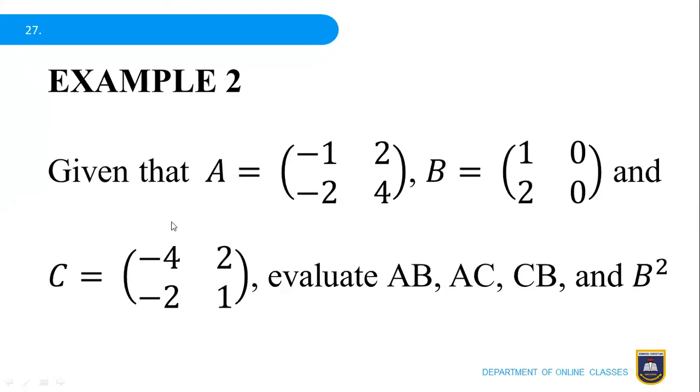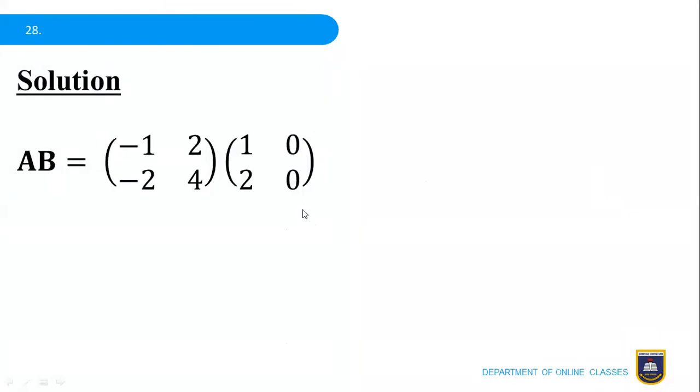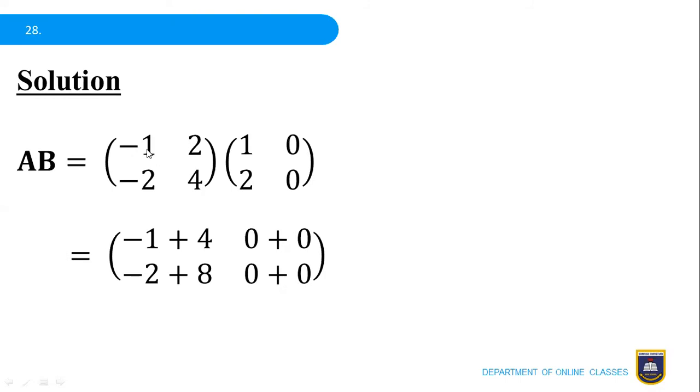So for the first one, our solution is this. AB will give us [-1, 2; -2, 4] multiplying [1, 0; 2, 0]. Negative 1 times 1 will give us negative 1, 2 times 2 will also give us plus 4.